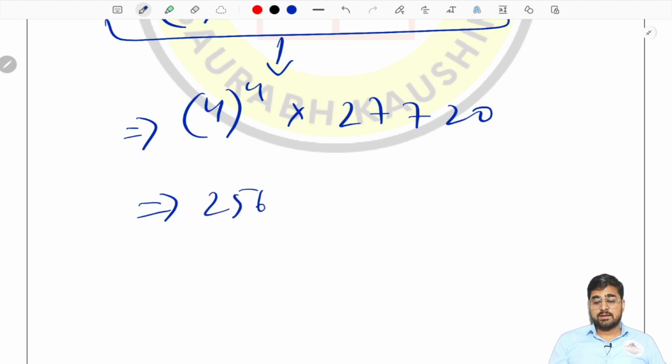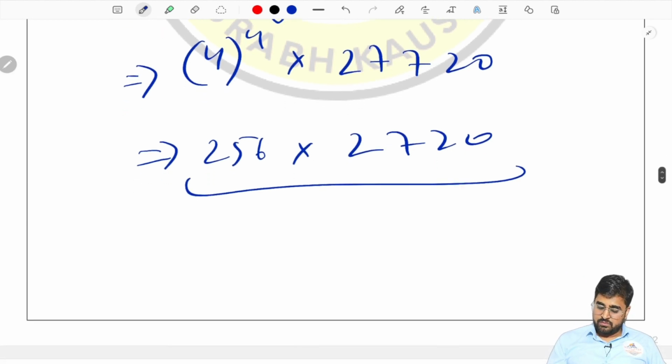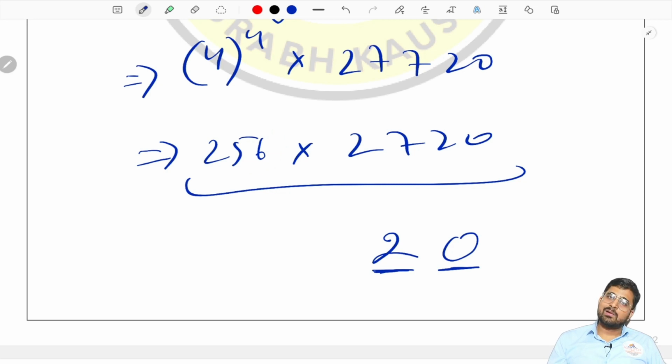You must know the 16 square. It is very important. Now a few students are going to multiply them. No, try to use the unit digit method. 0 is there, so the last digit should be 0. If all the options have last digit 0, then no problem. Use this: 6 into 2, 12. The last digit should be 2 only. If all of them have the same, then you have very bad luck and you have to calculate all.